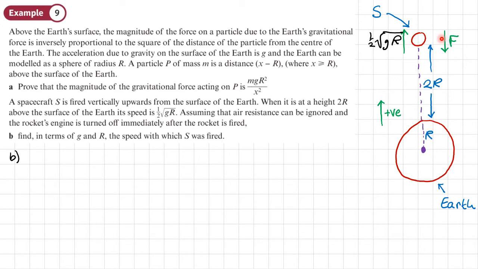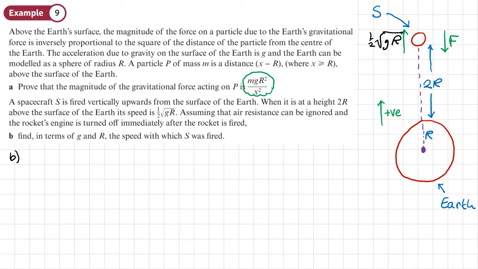The gravitational force on the spacecraft from the Earth is F, and that is what we've worked out in part A. So we're going to be using that in a moment. And its speed, which is half root gr, is directed away from the Earth. So we're going to take going away from the Earth towards the spacecraft as our positive direction.